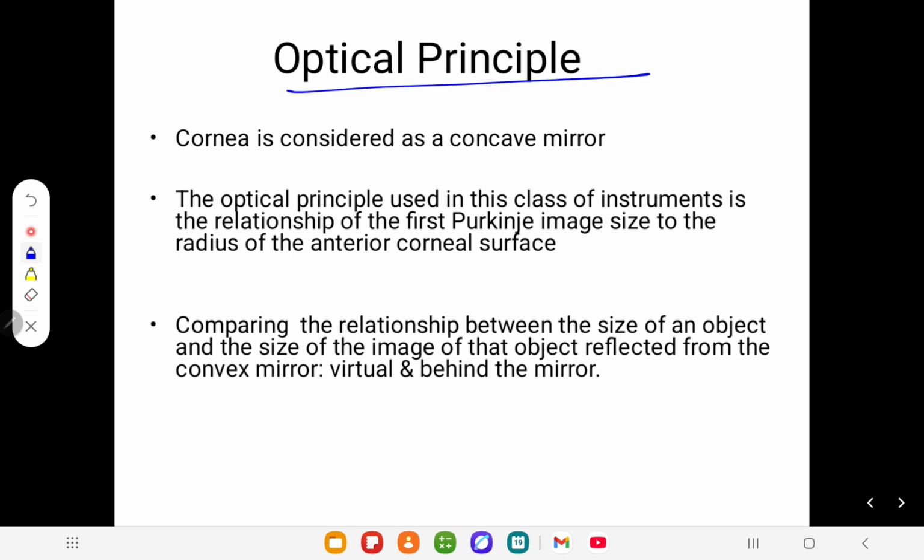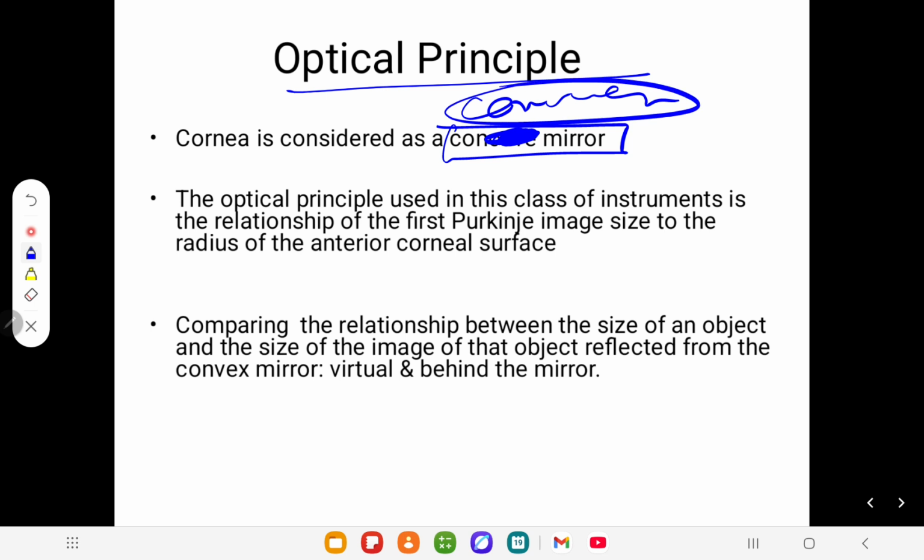The optical principle of keratometry is that the front surface of the cornea can be considered a mirror. Not a concave mirror, for God's sake, but definitely a convex mirror. The front surface of the cornea is used because we measure the first Purkinje image size.